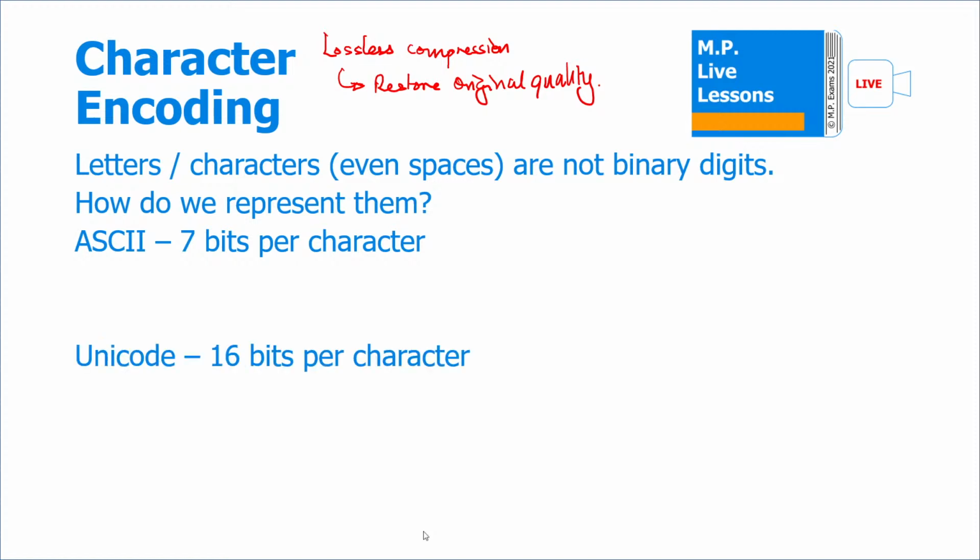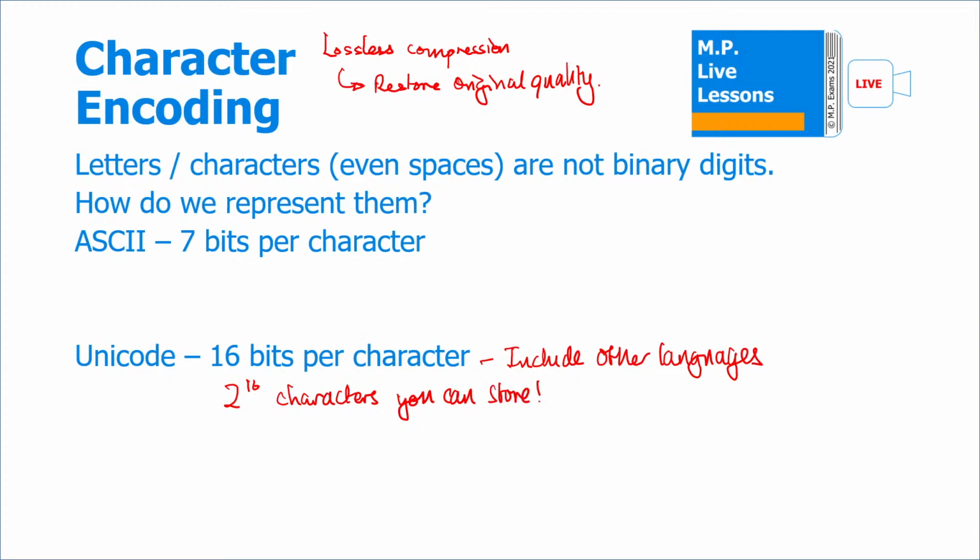Now, Unicode is 16 bits per character. However, this can include other languages. Because you've got 2 to the 16 different characters you could store, which is a lot more.